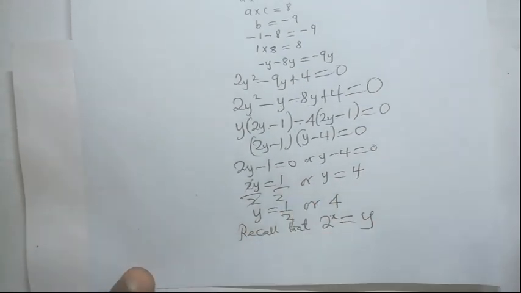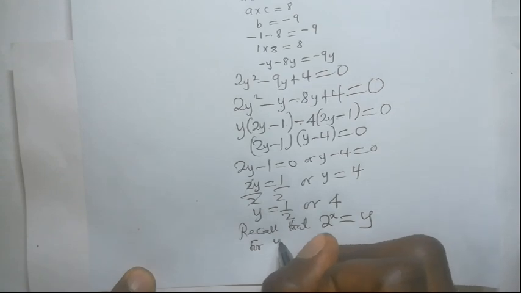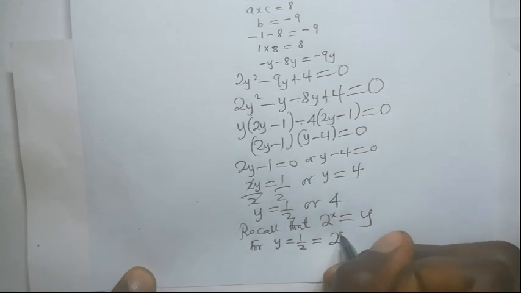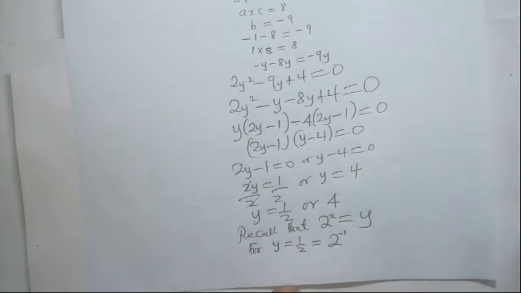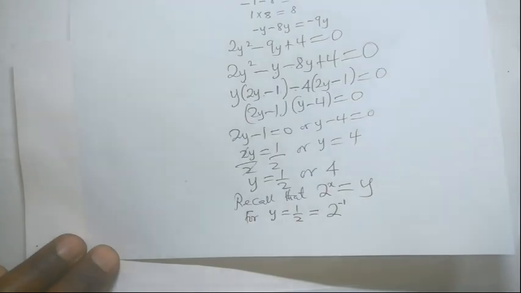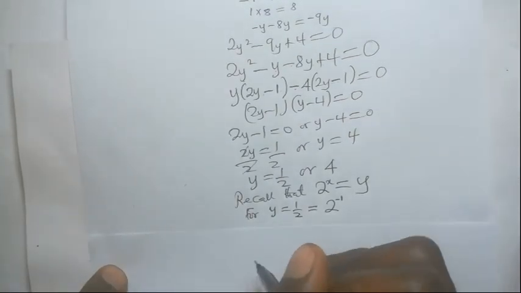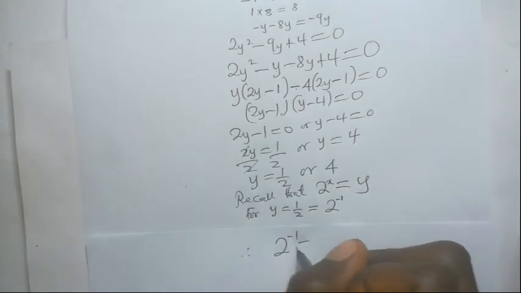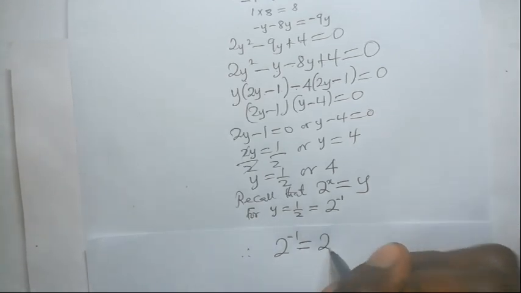So in that case, for y is equals to 1 over 2, this can be 2 to the power of minus 1. 2 to the power of minus 1 is going to be 2 to the power of x.